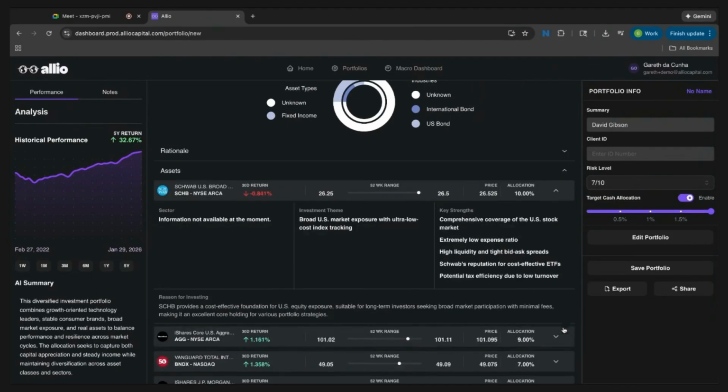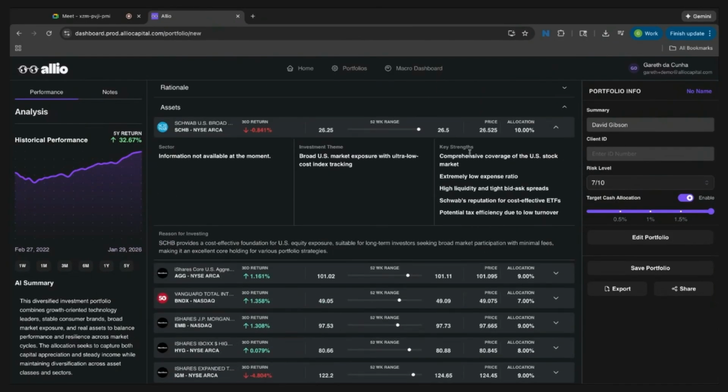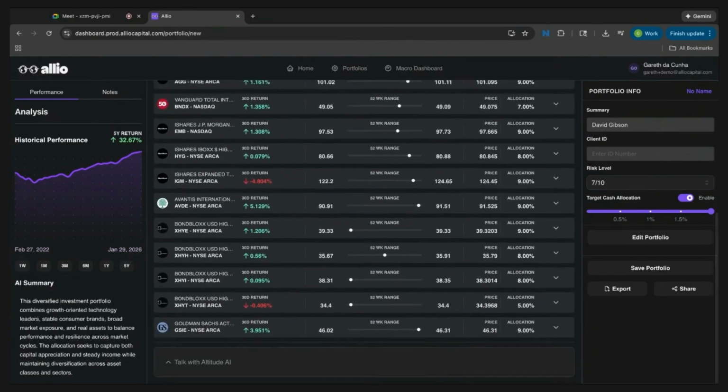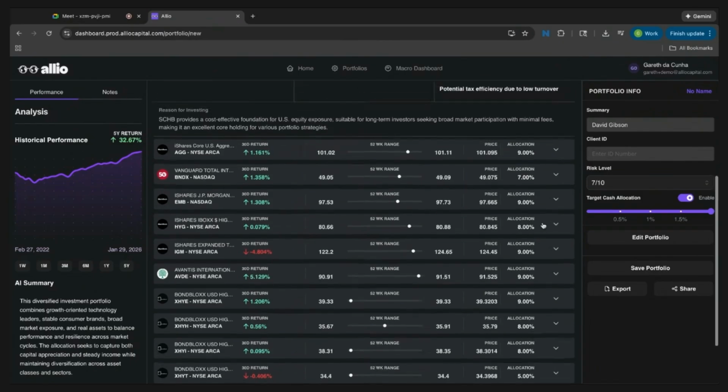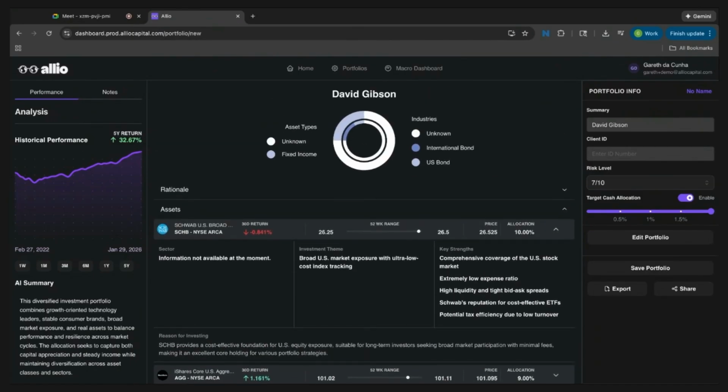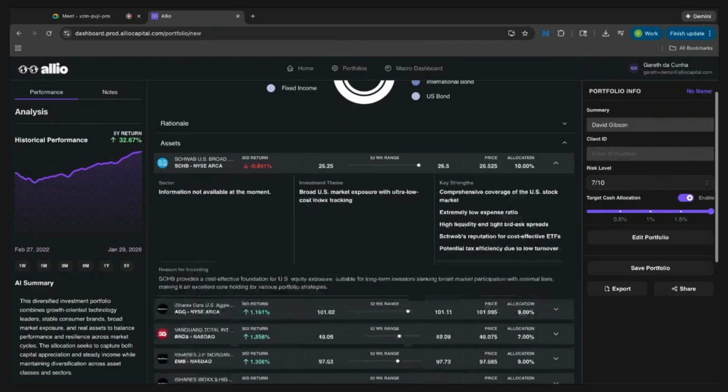If you look at the assets, it builds the exact portfolio and tells me the allocation, as well as a price range. So I can pull these specific tickers and build it manually, or I can export this exact portfolio with these exact weights and allocations, and give that to my trader or my assistant to fulfill, or I can do it myself in my trading platform.